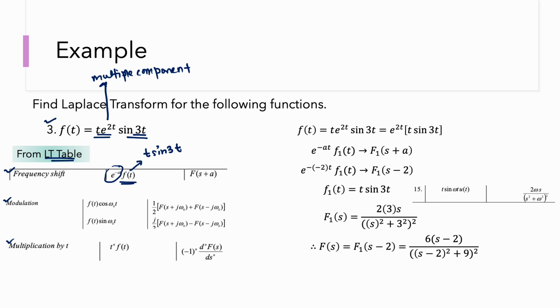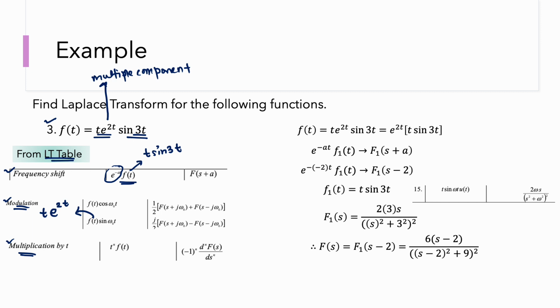Another possibility that we can choose is the modulation method, because sine is involved, where the sine will be the modulating part, and our f(t) will be t e^(2t). These are the second possibilities. Let's look at the third possibility that we can also apply in this equation.